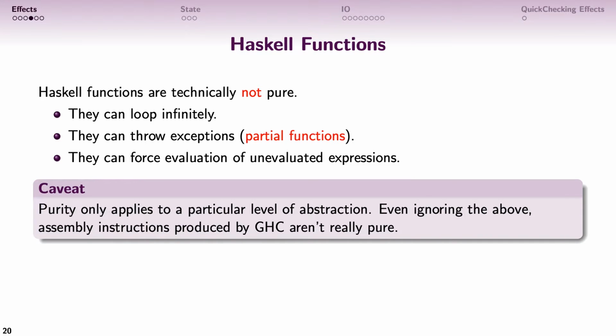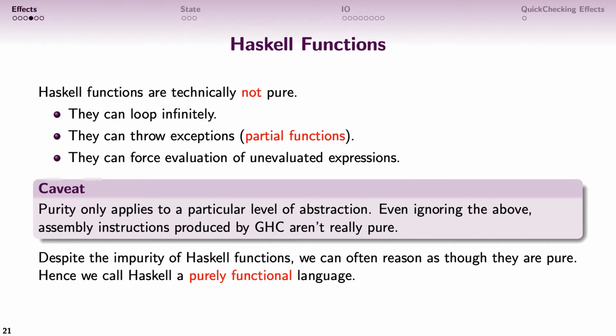So even something as simple as arithmetic, if you go low enough on the level of abstraction, eventually you'll find that it's not really pure. So purity is sort of an ideal. It's not something that we can actually achieve. But what we can do is get close enough to it, in Haskell for example, to be able to reason about functions as if they were pure. So that's why we call Haskell a purely functional language.